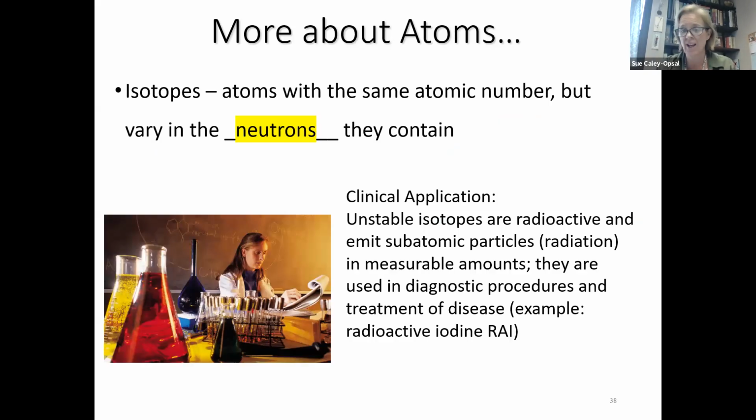Some of them are radioactive, like there's radioactive iodine, and there are treatments that can use radioactive iodine on the thyroid gland. And actually they use it in imaging procedures where they're trying to get a picture of what's going on with the thyroid, because the thyroid is about the only place in the body that takes up iodine.